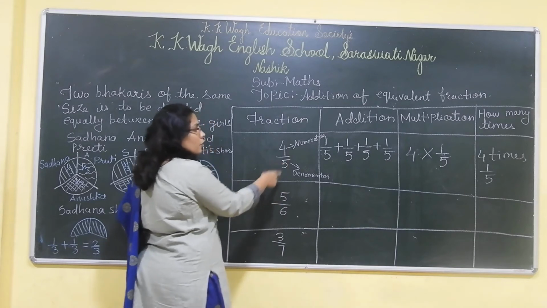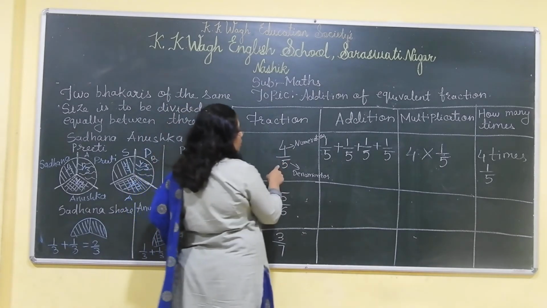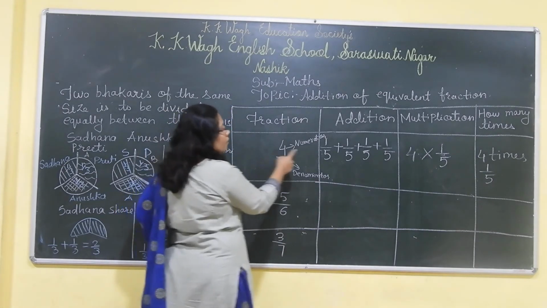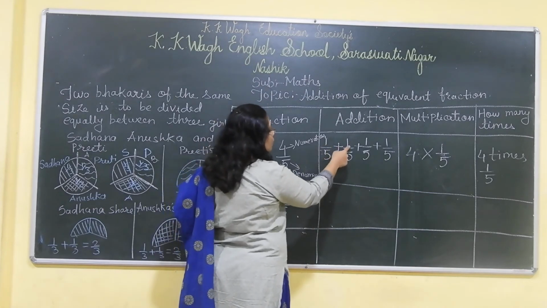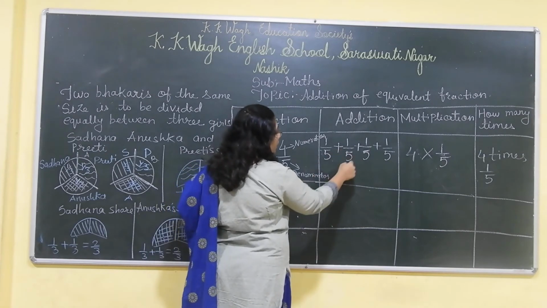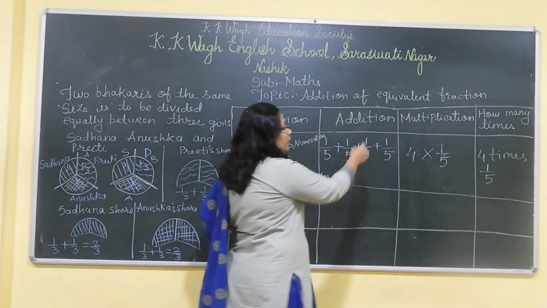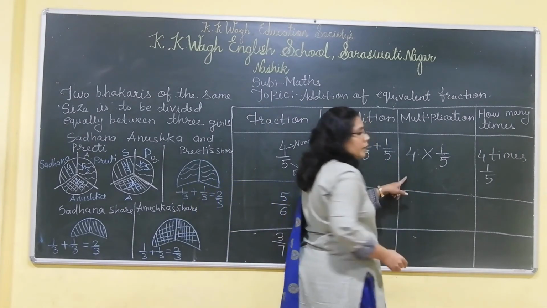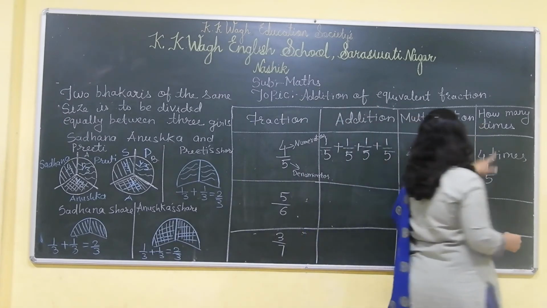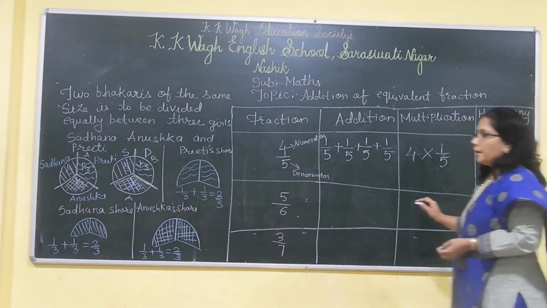This is the addition of equivalent fractions. So 4/5: we write 1, 1, 1, 1, 4 times, 1/5 plus 1/5 plus 1/5 plus 1/5. In multiplication form, it will be 4 into 1/5, and we write it as 4 times 1/5.